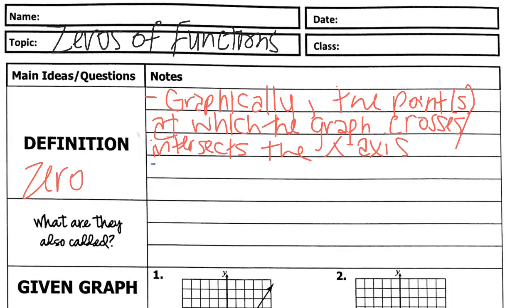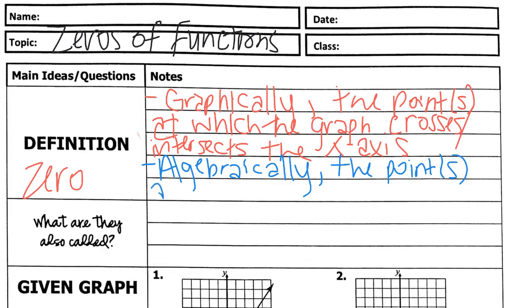However, you also can determine a zero algebraically. And algebraically, it is the point or points at which f of x is equal to 0.